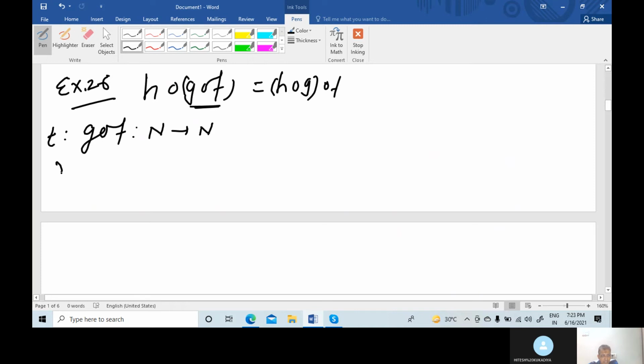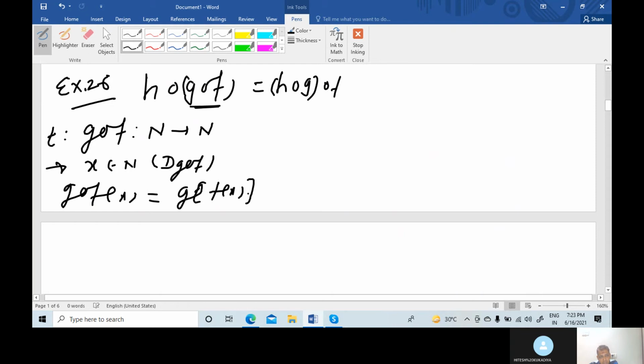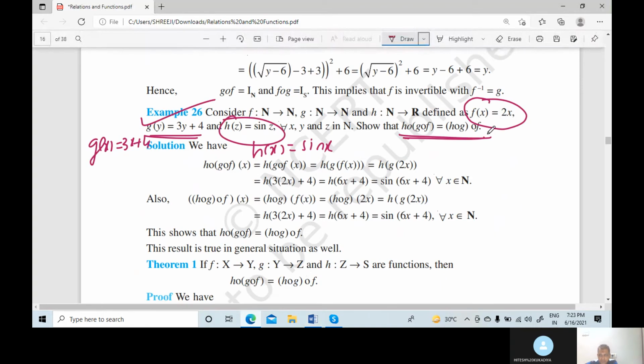Now calculate. Every x belongs to N, the domain of g∘f. (g∘f)(x) = g(f(x)). Now what is g(f(x))? Look at your question: f(x) = 2x.